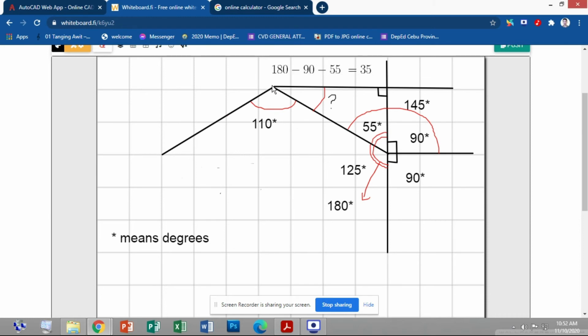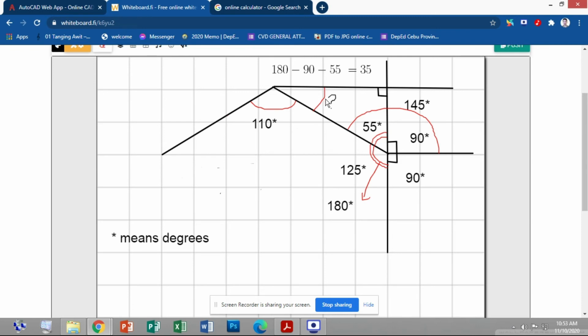Saan galing itong 180? Kasi nga, yung ginawa nating horizontal line at vertical line, nag-produce siya ng triangle. Which is, yung intersection dito, merong 90 degrees kasi nga perpendicular yung horizontal at vertical line natin. Now, na-solve na natin ito kanina, itong angle na ito, which is 55.